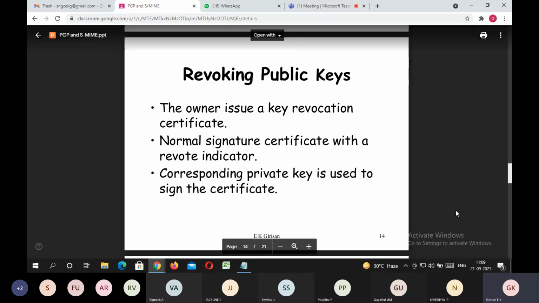The owner will revoke the public key if there is any compromise, or if the time is over. For example, if for 24 hours he wants to send secure messages, after that the public keys will be revoked. Revoke means you cannot make use of the same public key for encryption and decryption once again. That is the meaning of revocation.